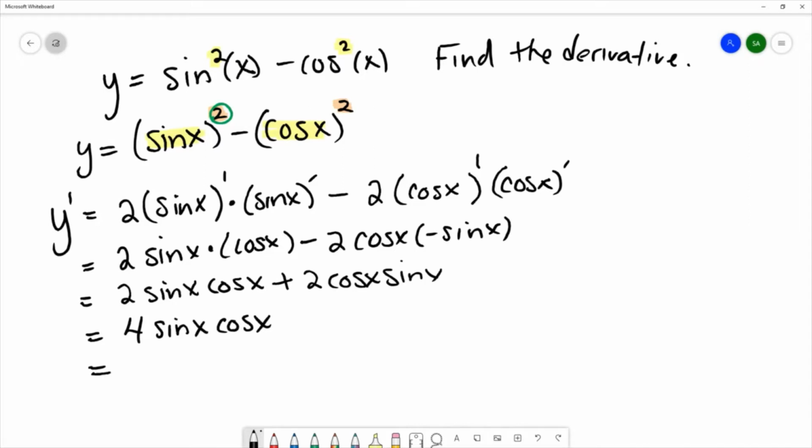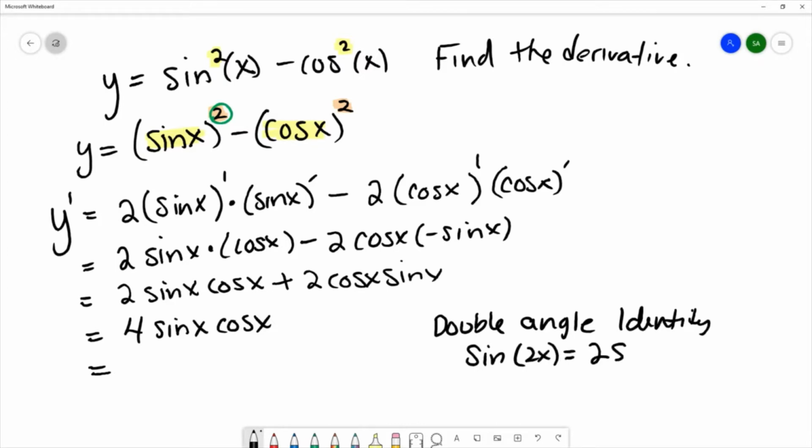And then if you want to get a little bit fancy, there is an angle identity. It's called the double angle identity. And the double angle identity for sine says sine of 2x is 2 sine x cosine x. And since I have sine x cosine x here, what I can do is break up this 4 into 2 times 2.